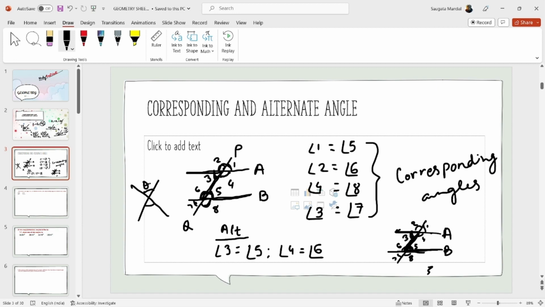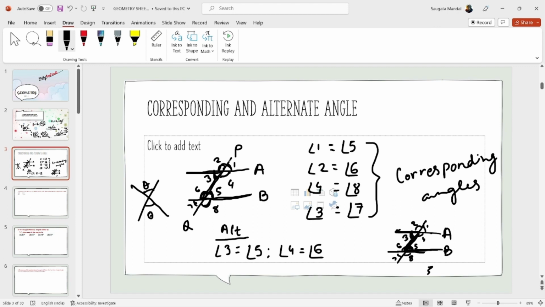This is theta and this is always theta. If two lines bisect each other, the angles that are formed on the opposite sides must be equal, and this is called vertically opposite angles.